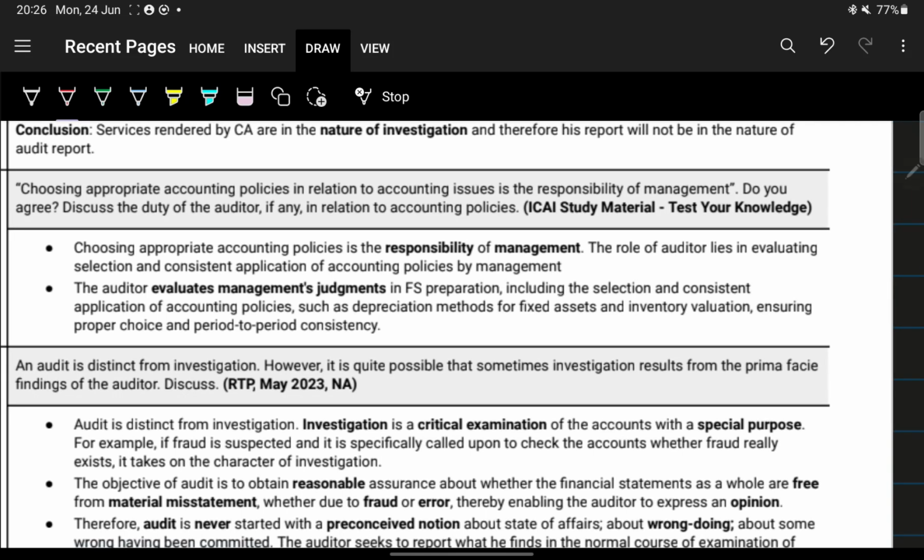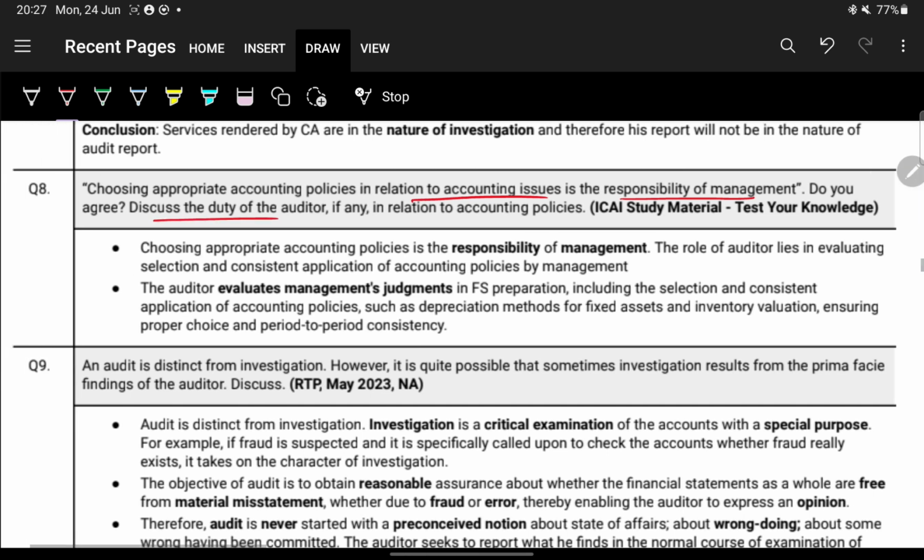Choosing appropriate accounting policies in relation to accounting issues is the responsibility of management. Do you agree? Here, obviously it is the responsibility of the management, whether appropriate policies are chosen. The role of the auditor lies in the evaluation. The auditor does not choose the appropriate policies.